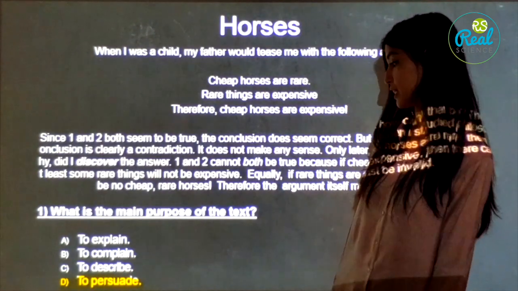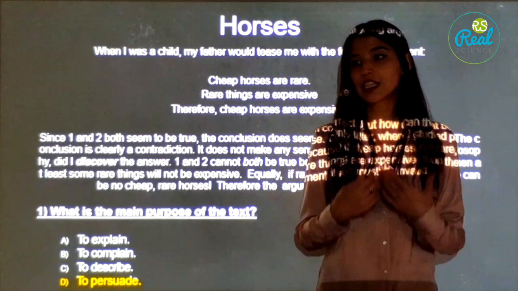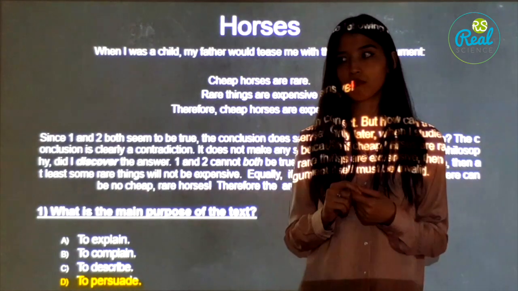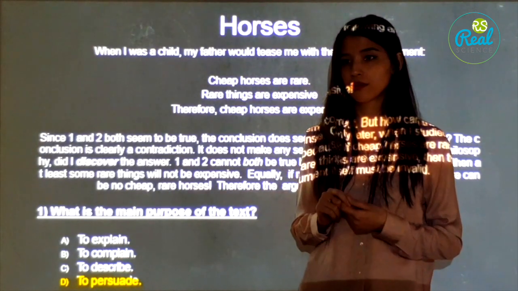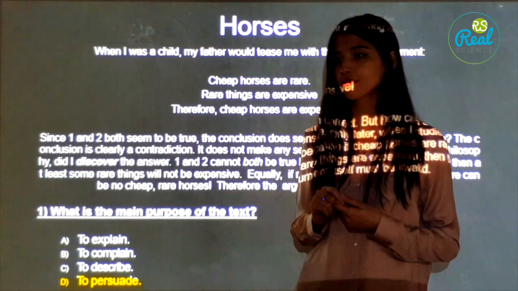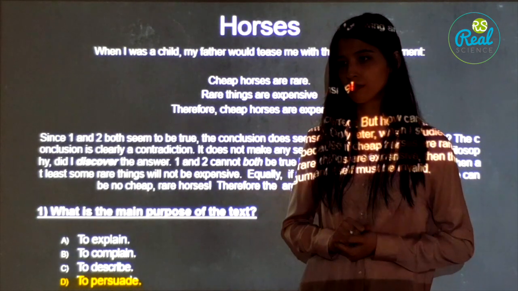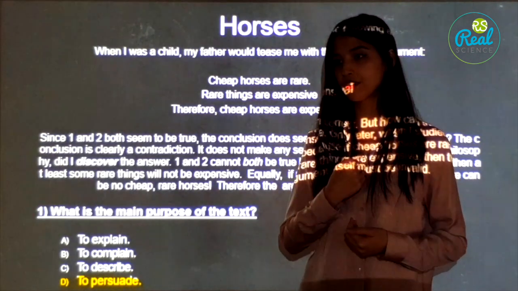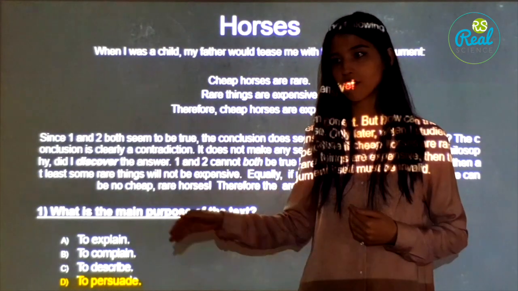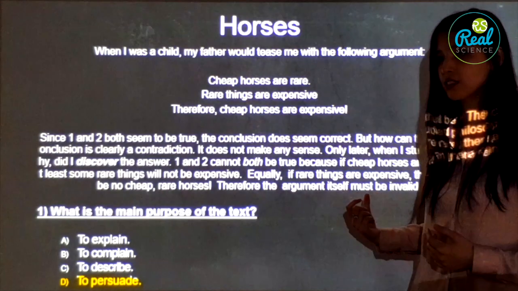Yes, it could have been explanation if the child just explained his point of view and why he thinks so. But he's rebutting. Who knows the word rebuttal? It means that if the person only gave his opinion, it would be explanation. But the child destroyed the other opinion by saying, therefore, the argument itself must be invalid.